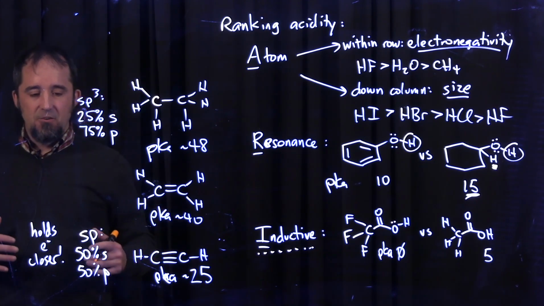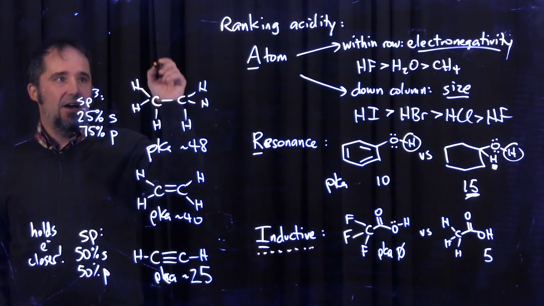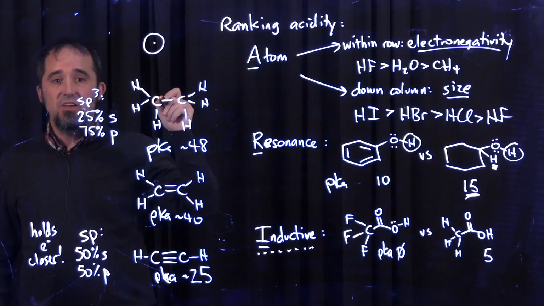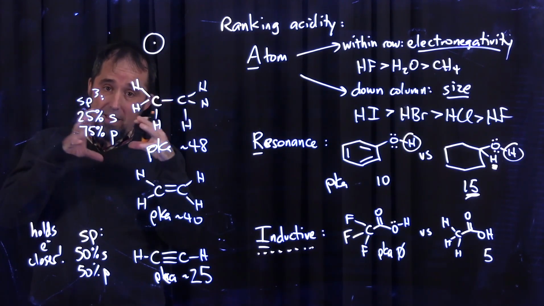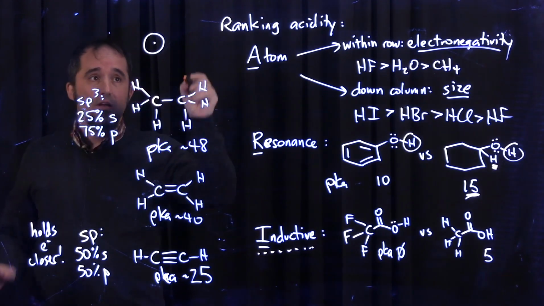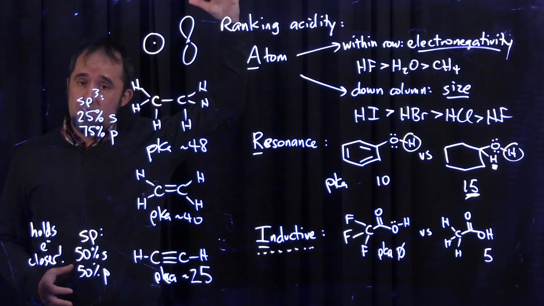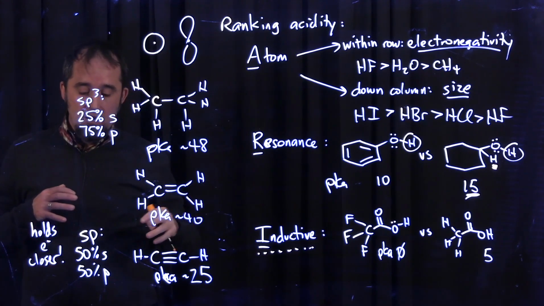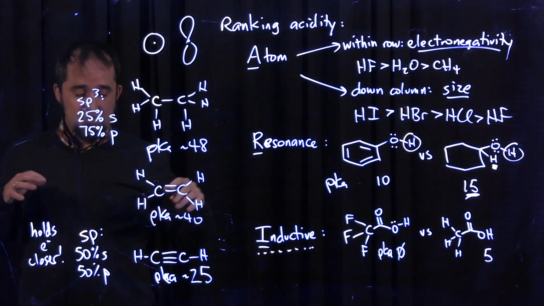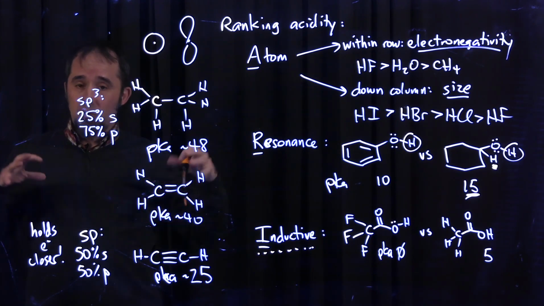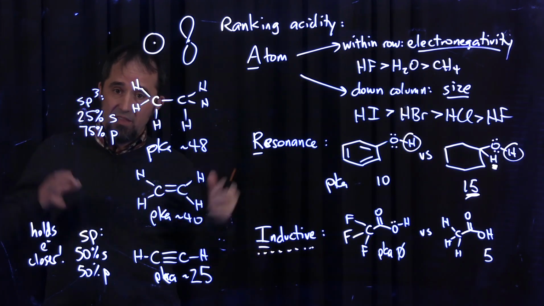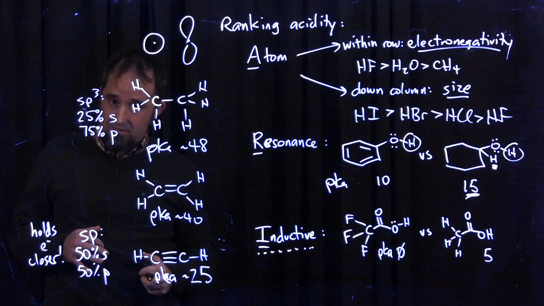Think about the difference in nature, right? The s orbital is just a sphere, and it is really tightly packed onto the nucleus itself. The p orbital is by necessity more spread out, more diffuse. So if you think about it, I really want to stabilize electrons by putting them pretty close to that carbon nucleus.